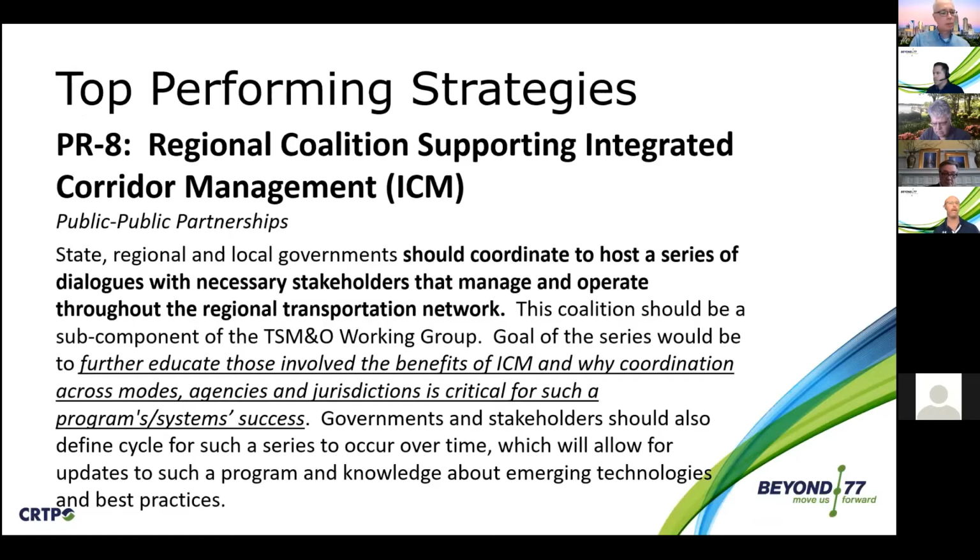This is under the category of public-public partnerships, where we are recommending that state, regional, and local agencies and governments coordinate and host a series of dialogues with necessary stakeholders that manage and operate throughout the regional transportation network for the purposes of further educating those involved with the benefits of integrated corridor management and why coordination across all modes, agencies, and jurisdictions is critical for such a program's success in the system.